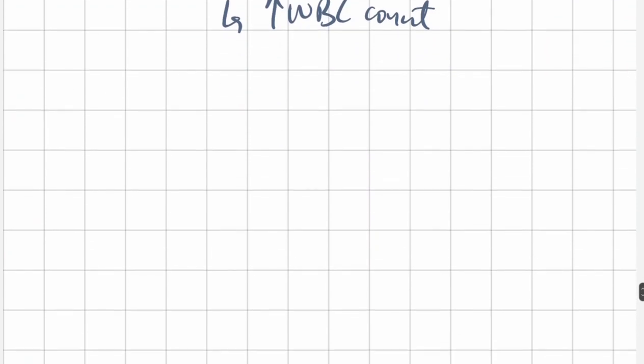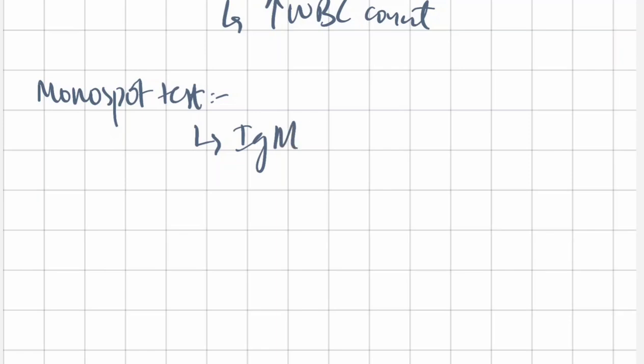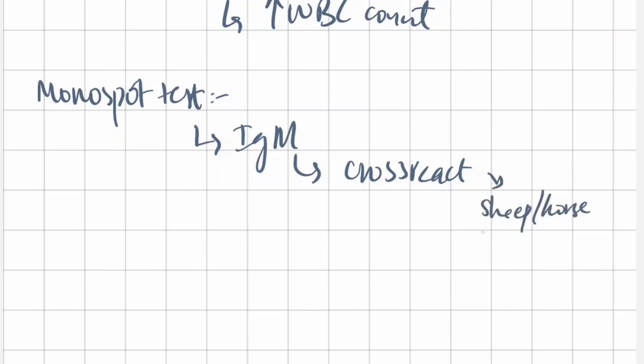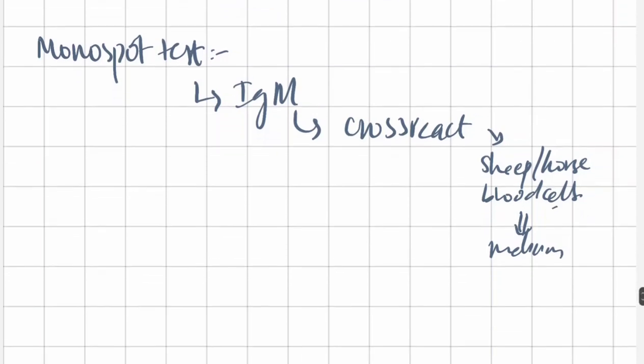Now, for diagnosing this disease, we do a monospot test. The monospot test detects IgM antibodies, which cross-react with the sheep or horse blood cells present in the medium.